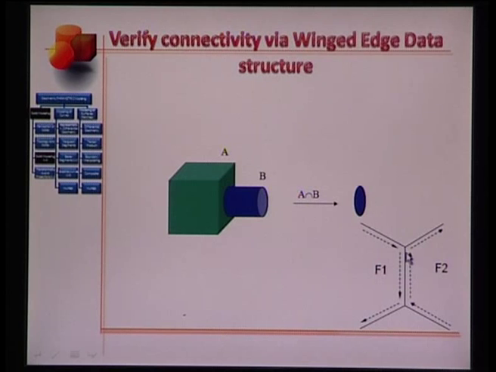In this example here, if this is a boundary curve, it will have exactly 2 faces incident to it.